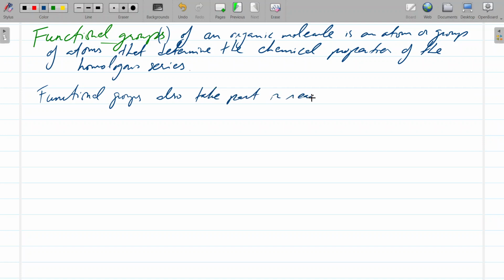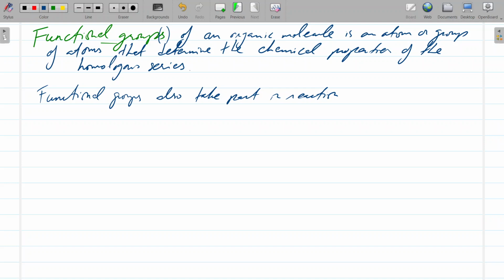You could have a reaction where you give conditions such that the functional group is not taking part, but normally the functional group is the one being affected in the reaction.